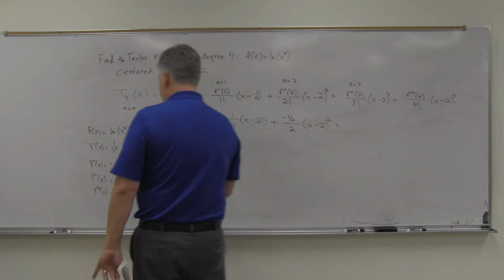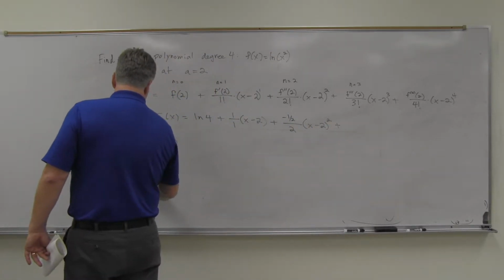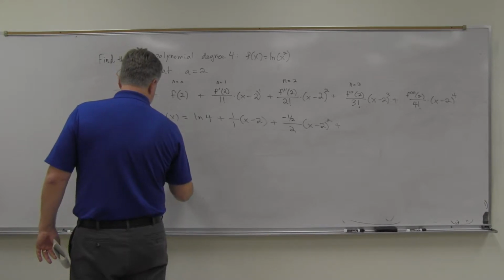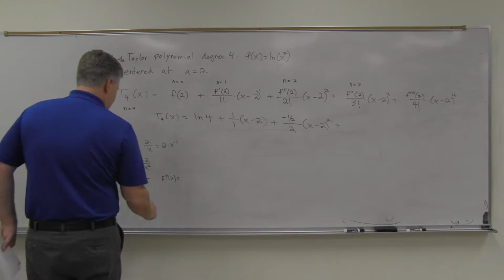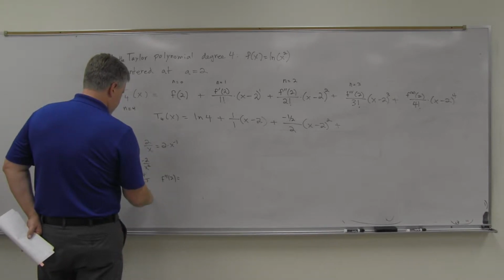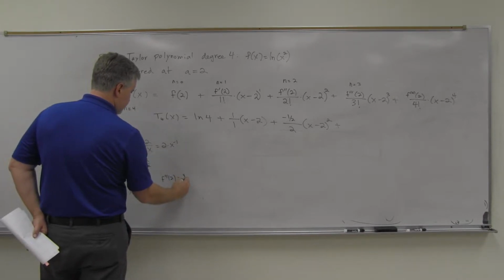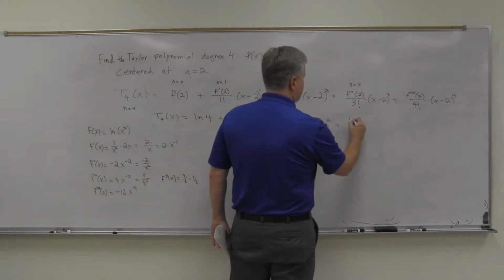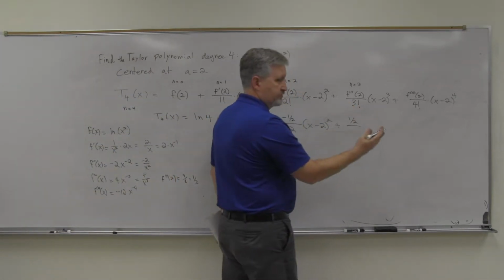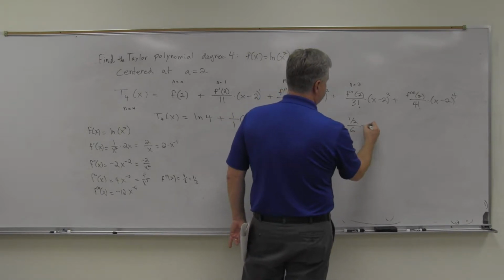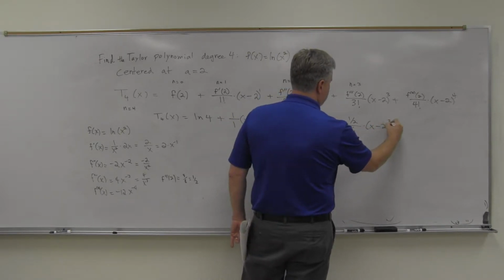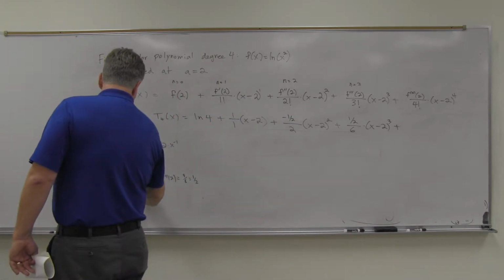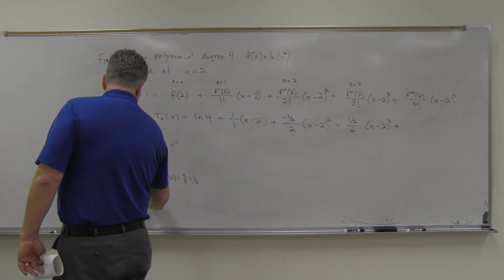Third derivative at 2, well, that's 4 over x cubed. So the third derivative at 2 would be 4 over 8. Oh, it's also a half. Positive half, though. 3 factorial, 3 times 2 times 1, that's 6. So x minus 2 cubed. Fourth derivative at 2, that's negative 12 over x to the fourth.